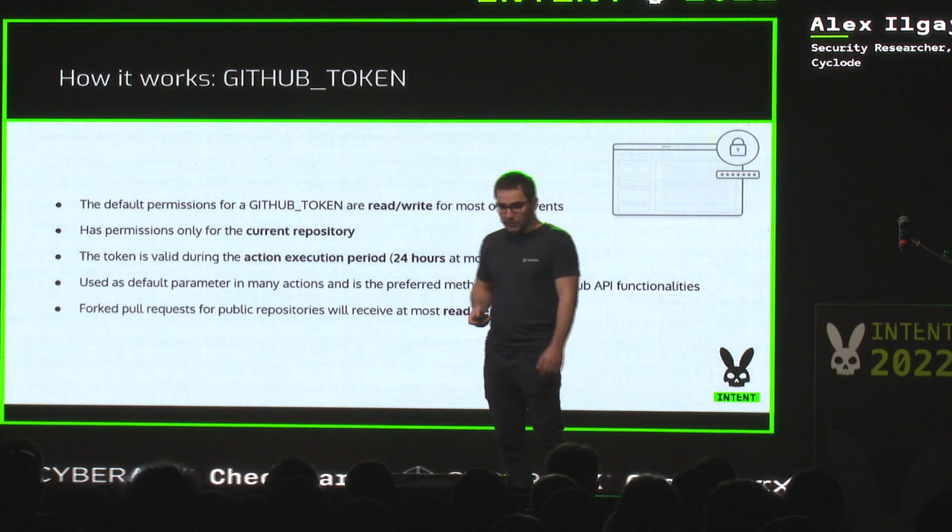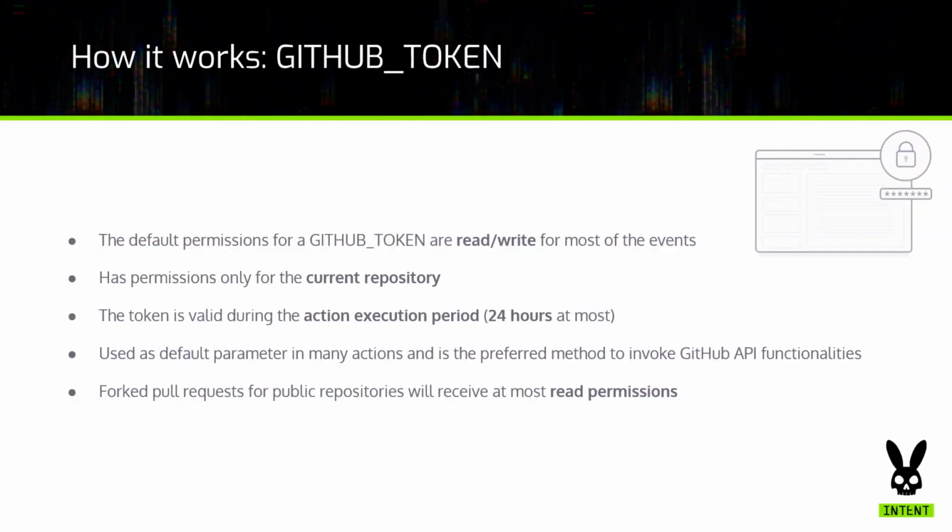So what is the GitHub token? The most standard method for accessing the GitHub API for most of its existence was through a personal access token, which is bound to the user identity and the user permissions. This has several drawbacks. First, it's very permissive. You can't really limit it to certain repositories. And second, it has a really long lifetime, which is a problem if that token leaks.